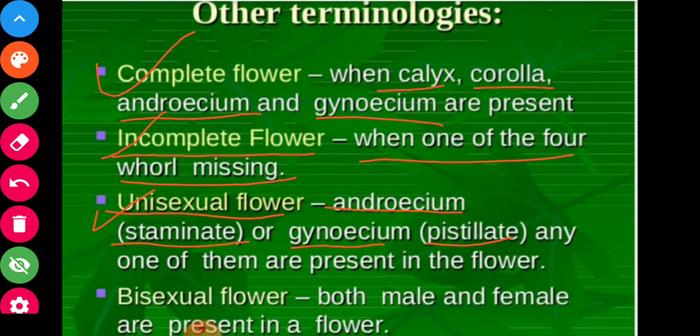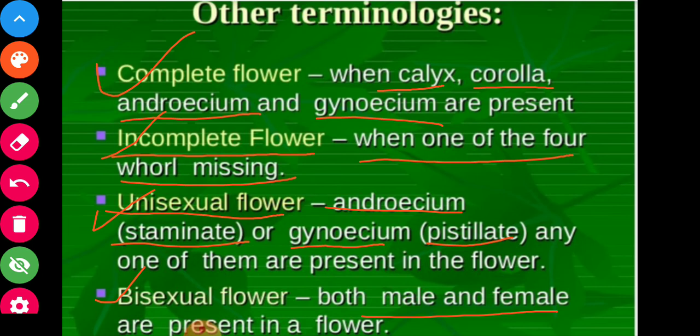So unisexual flower is that which is having only one male or female part in a single flower. Then bisexual flower, when both male and female, androecium and gynoecium, are present in a flower, that is called bisexual flower.